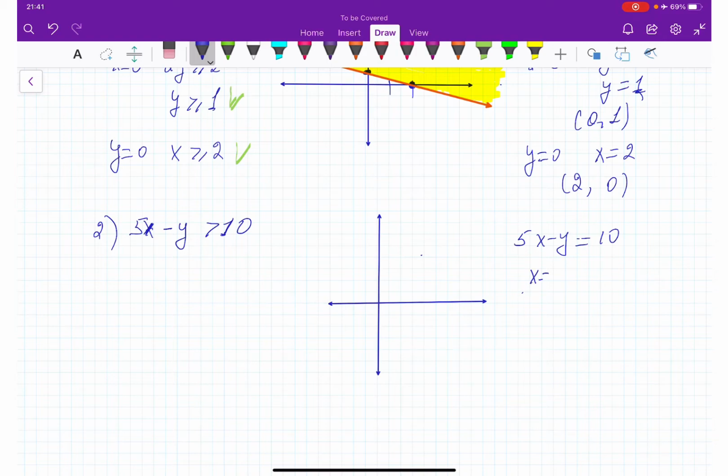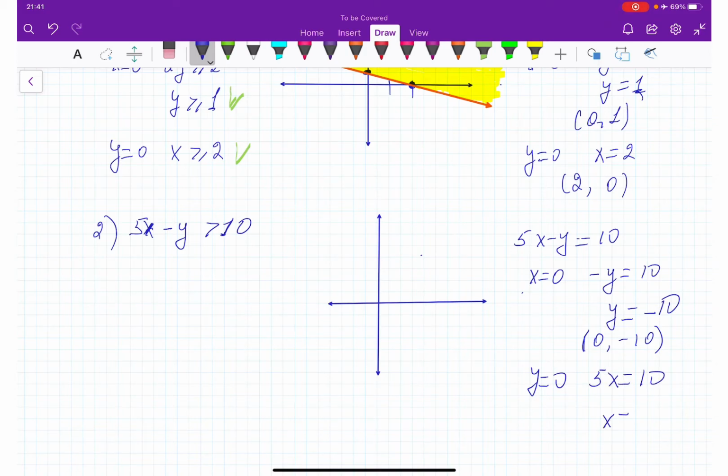So x is equal to 0. We get negative y is equal to 10, or y is equal to negative 10, right? So the first coordinate is 0, negative 10. When y is equal to 0, then we get 5x is equal to 10, x is equal to 2, right? Dividing 10 by 5, we get 2.